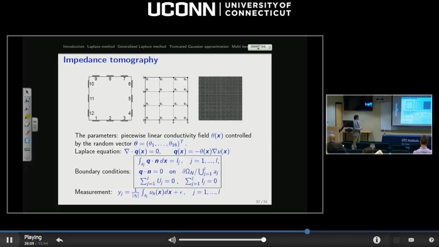Here's basically the mesh we use to compute the forward problem. And the forward problem is the Laplace equation. Here are the boundary conditions. It's an integration type of boundary condition at the electrodes.